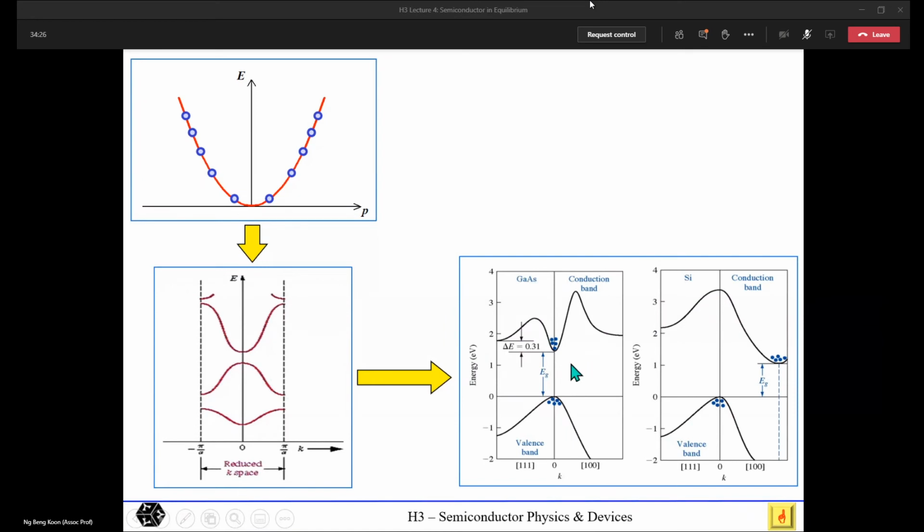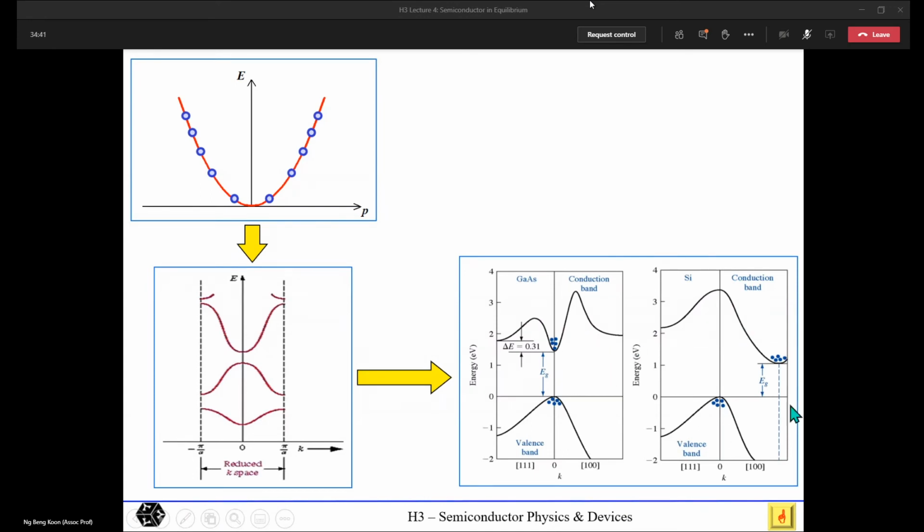If these rules are satisfied, the electron can recombine to get back down to the valence band, and in this process a photon is emitted. A light is emitted.